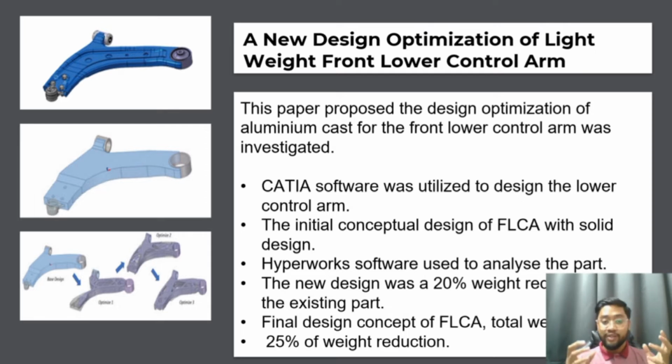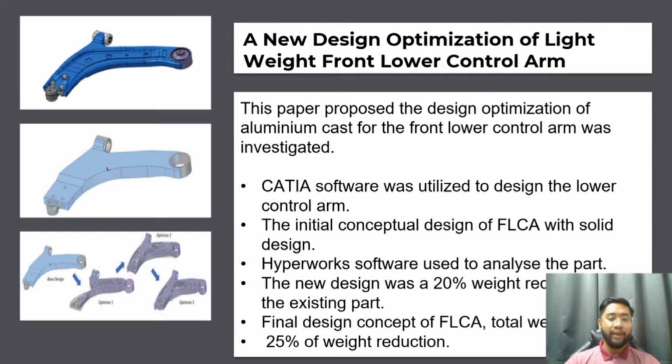So the initial conceptual design of a front lower control arm with a solid design, the actual part is a stamping part, and then they turn the design into a concept of the front lower control arm. After that, HyperWorks software was used to analyze the structural strength and optimize the weight of the part.